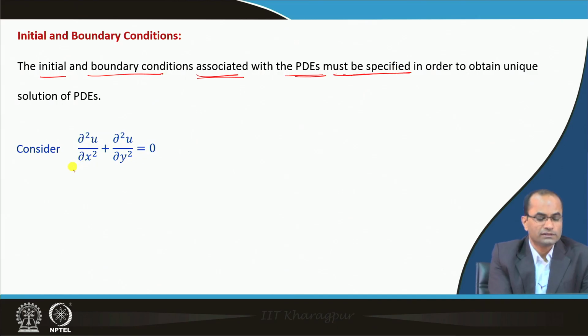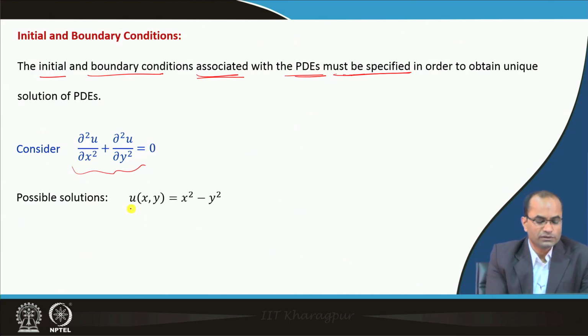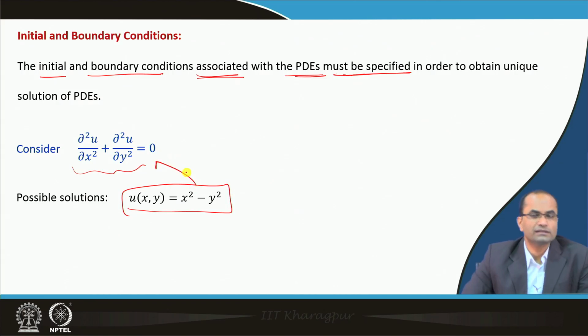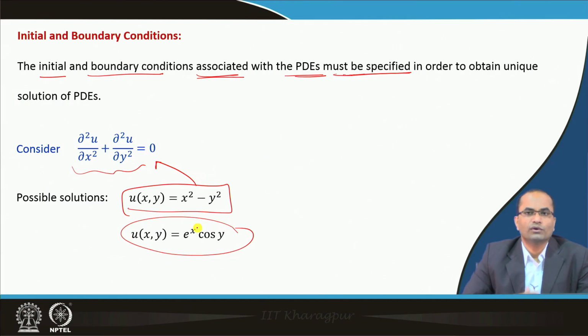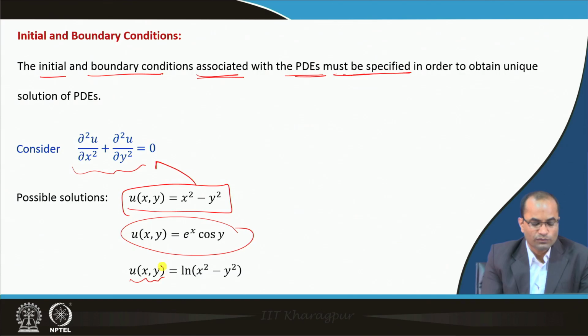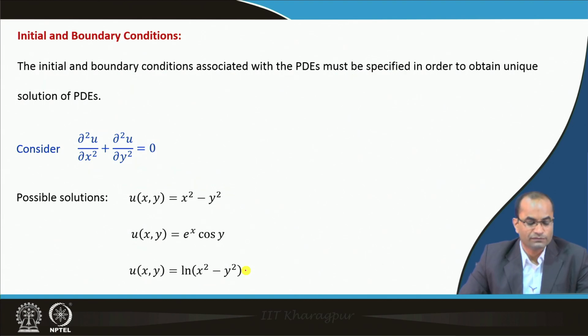So, for instance, if we have this equation, the Laplace equation, the possible solutions, u x y is equal to x square minus y square, when we plug in this equation, this function will satisfy the given differential equation. Also u x y is e power x cos y will also satisfy the given differential equation, and u x y is equal to ln x square minus y square, this function will also satisfy the given differential equation.